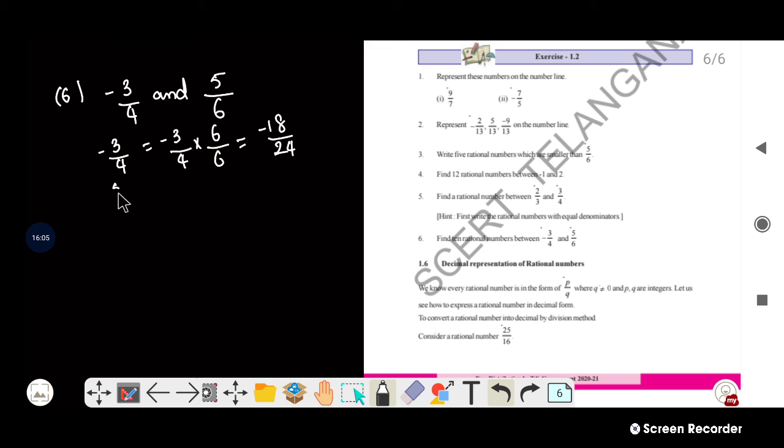Then next 5 by 6. So 5 by 6 into 4 by 4, you can do it. 20 by 24. 20 by 24. Then 10 rational numbers, we can write it.